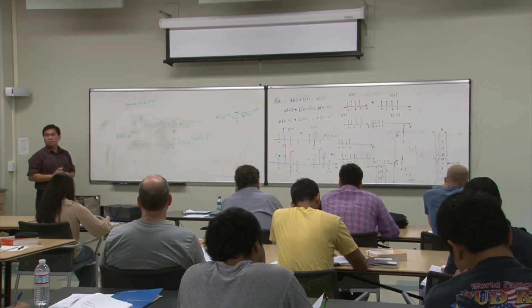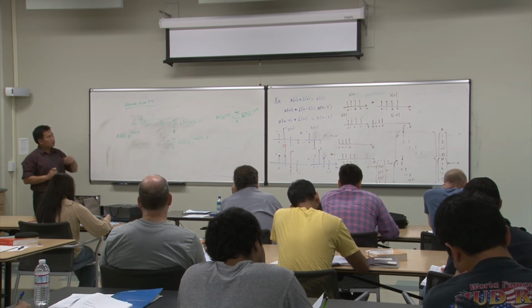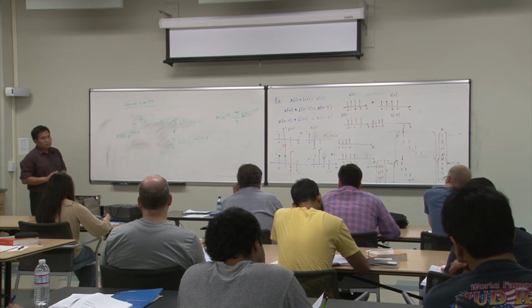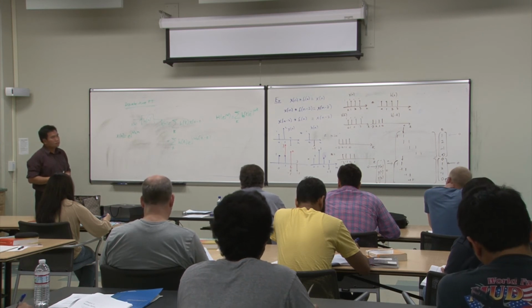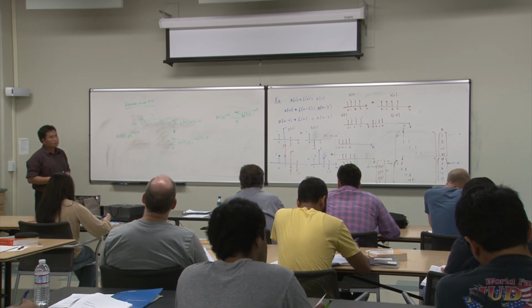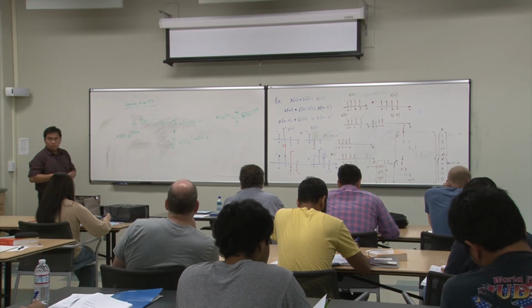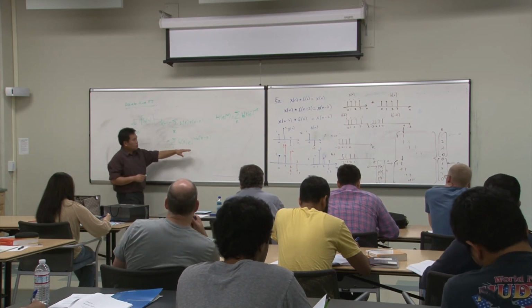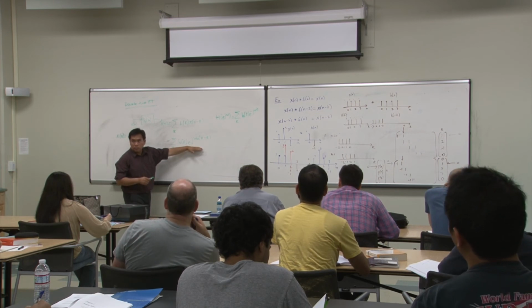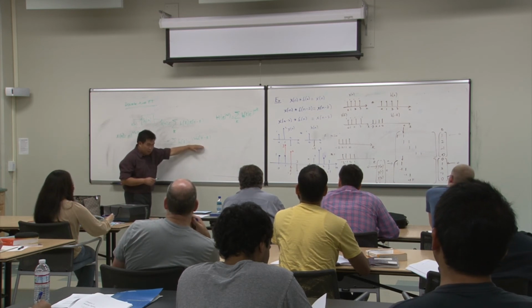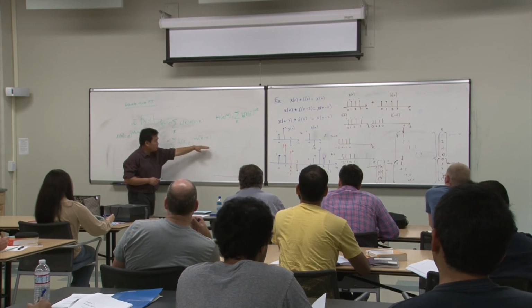Right? So how do I simplify that? This one is a product of two exponentials. The first one is e to the j omega naught n. The second one is e to the minus j omega naught k.